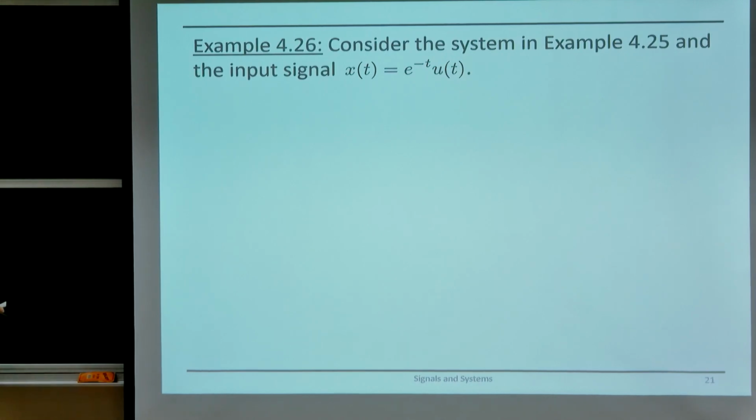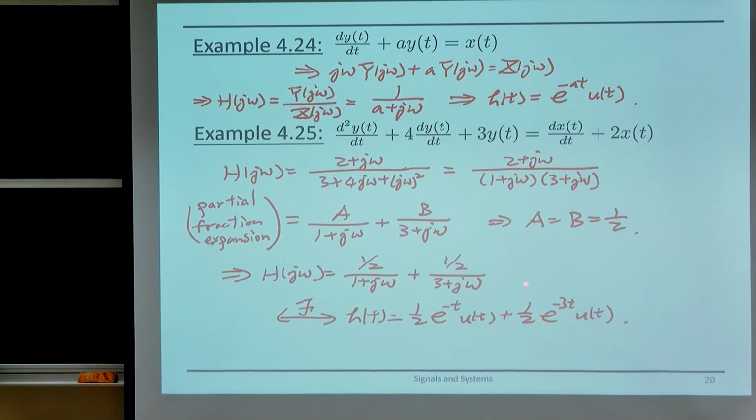In this example, we're passing a signal x of t, again a decaying exponential, through a system described in the previous example, with this frequency response, or this impulse response.